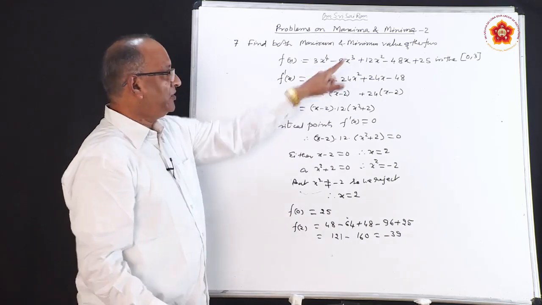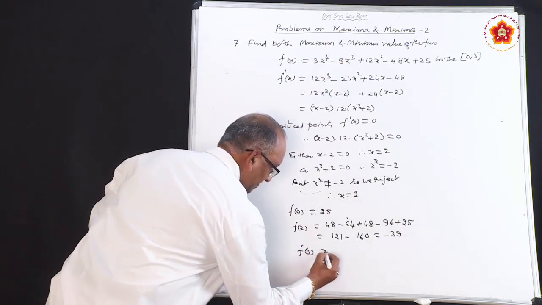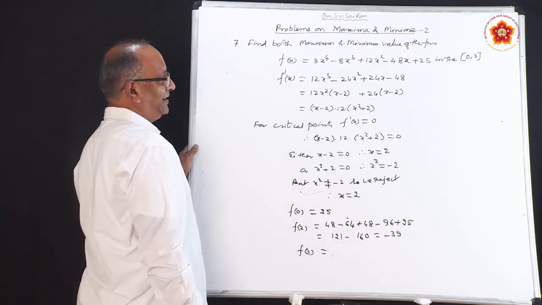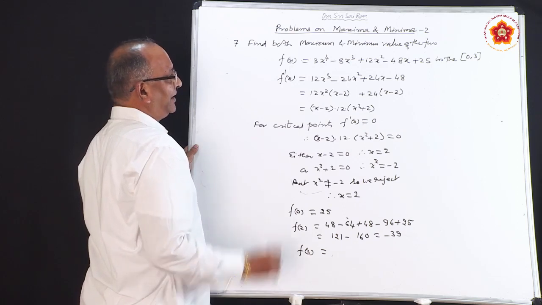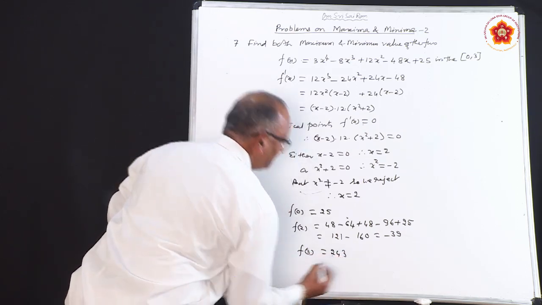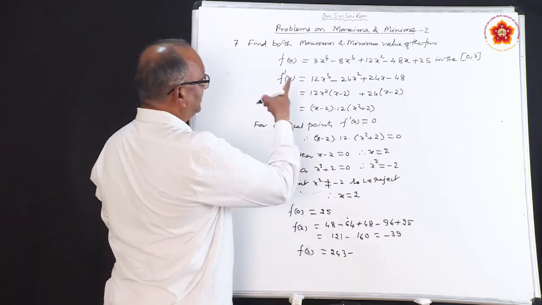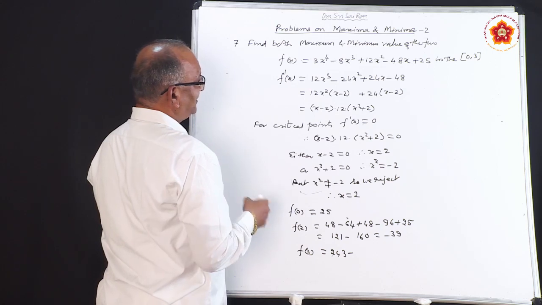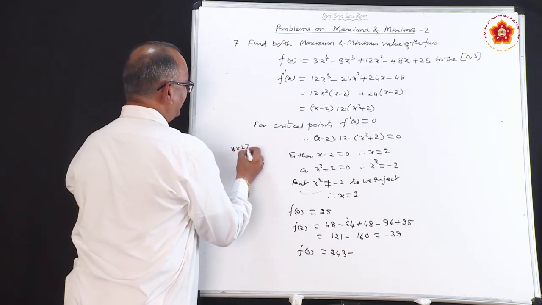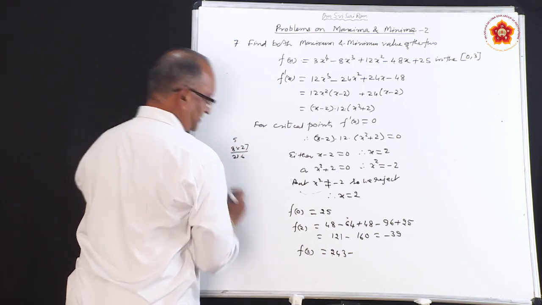Now, also find out f of 3. 3 to the power 4, 3 3s are 9, 9 9s are 81, 81 into 3, 243, minus 3 3s are 9, 3 9s are 27, 8 into 27, 216.